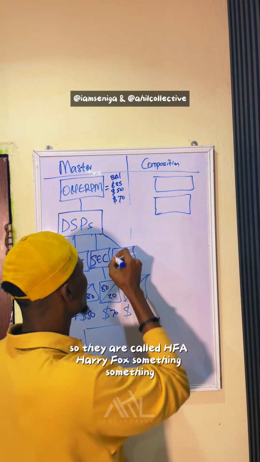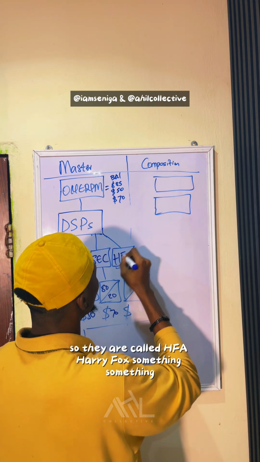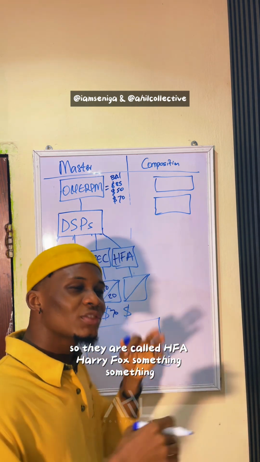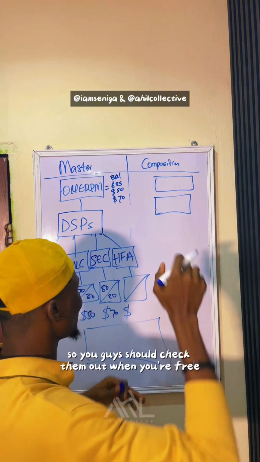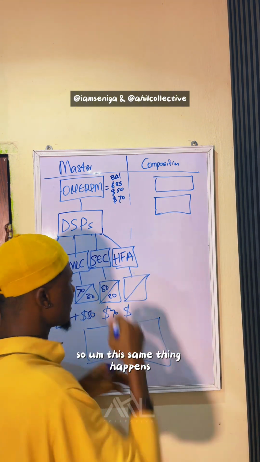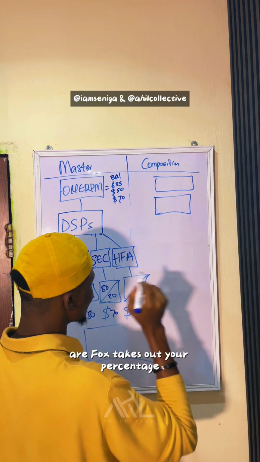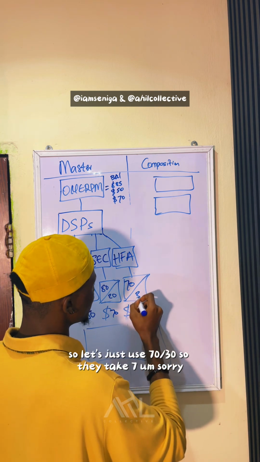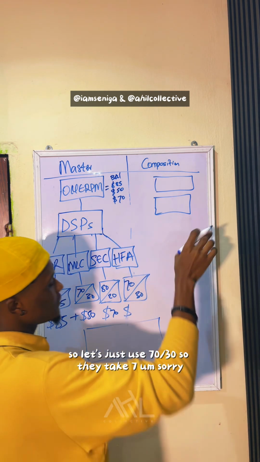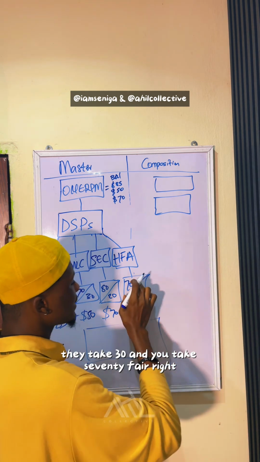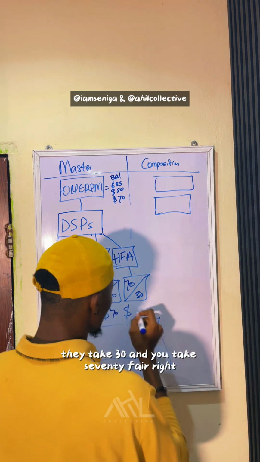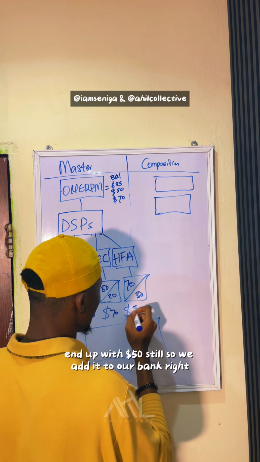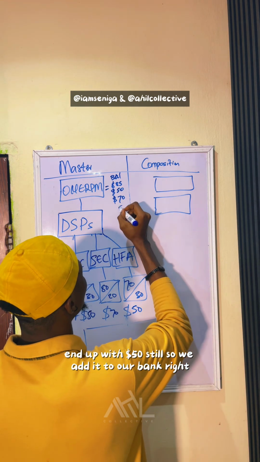They are called HFA, or something like that. You should check them out when you're free. This same thing happens. They take out their percentage. Let's just use 70-30. They take 30 and you take 70. Fair, right? Let's say at the end of the day you end up with $50 too. So we add it to our bank.